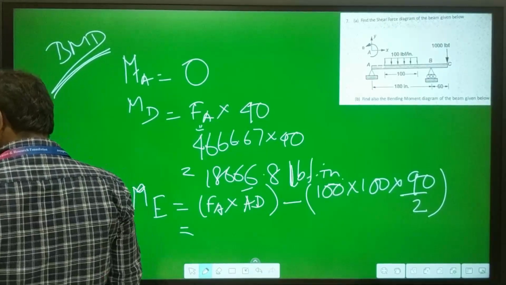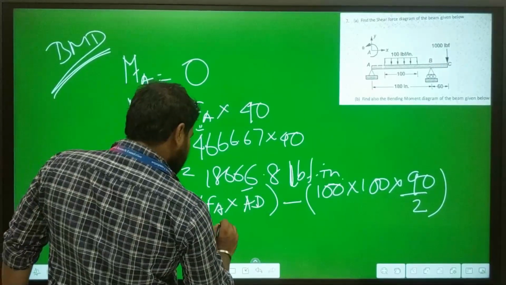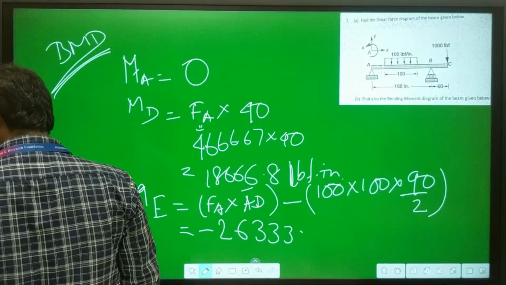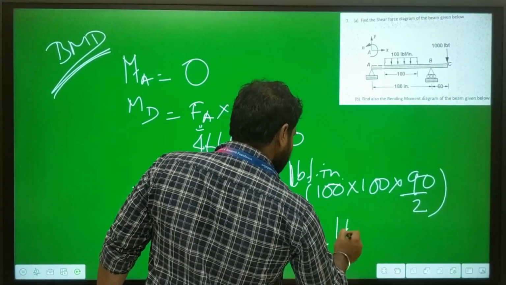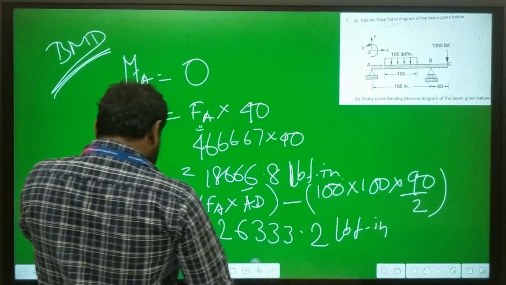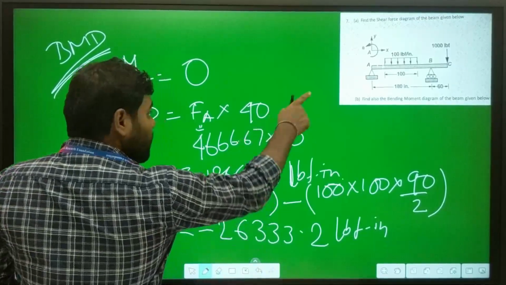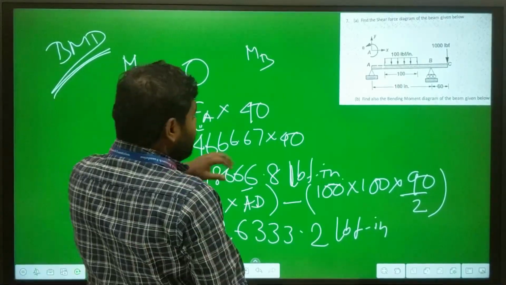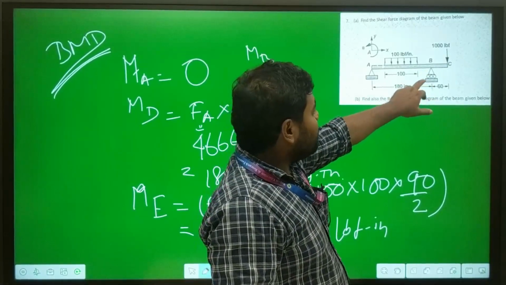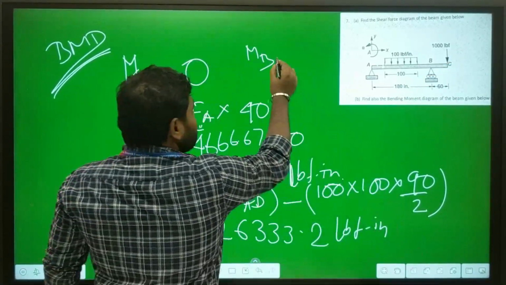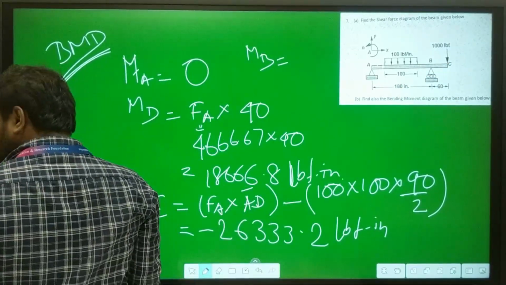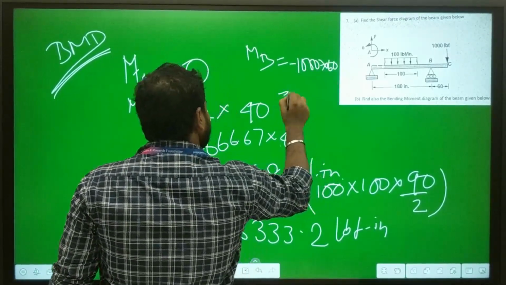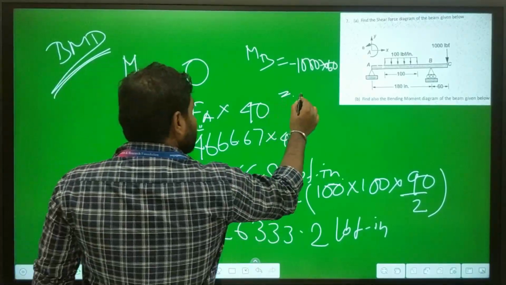So it will be around minus 26,333.2. And for point B, for MB, we have to calculate the moment from point C. So that will be 1000, so minus 60,000.